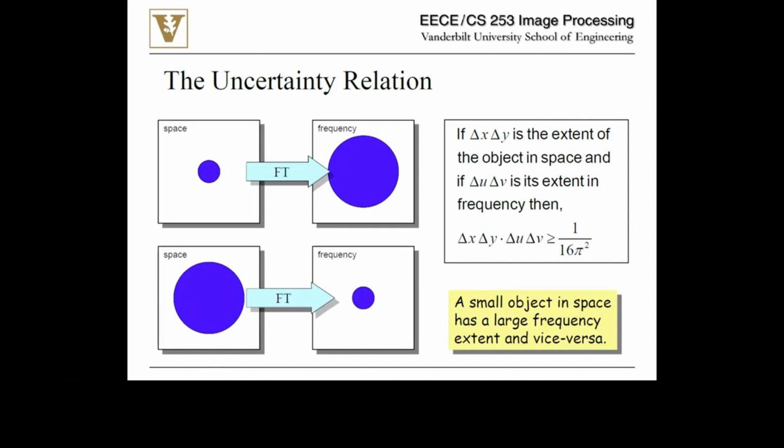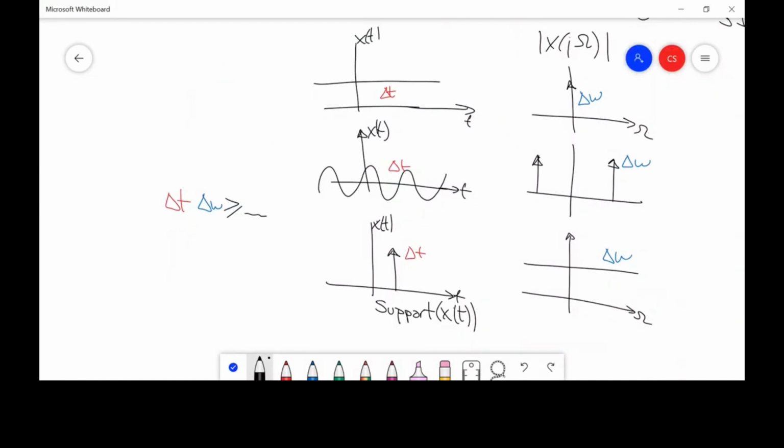Have you heard of Heisenberg's uncertainty principle? Yeah, that you cannot specify infinitely precisely the location and speed of a particle. Actually, the formal mathematics of all that are much more complicated, but somehow they are related to this.